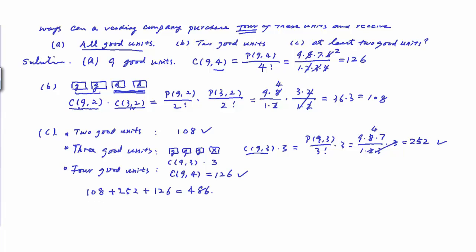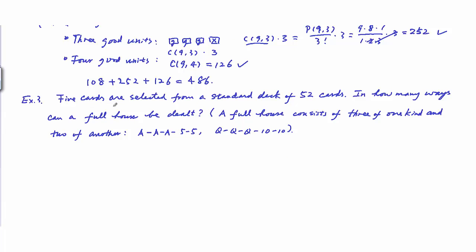Let's look at another example. Example 3: 5 cards are selected from a standard deck of 52 cards. In how many ways can a full house be dealt? What we mean by a full house is three of one kind and then two of another.